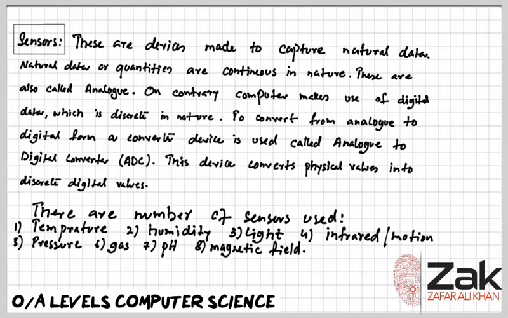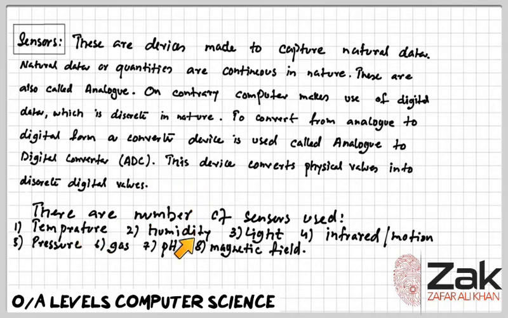So there are a number of sensors used. Let's say there is a temperature sensor. It may be used to control a central heating system, control or monitor a chemical process, or control or monitor temperature in a greenhouse.